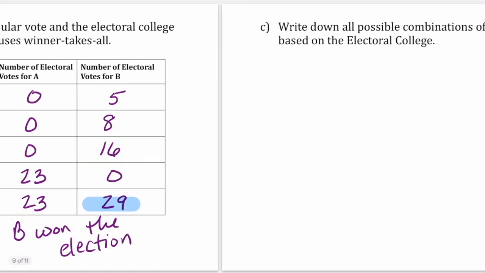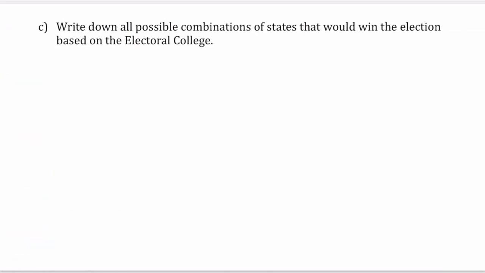C says to write down all possible combinations of states that would win the election based on the electoral college. Essentially what this means is to write down as many different combinations of winning states. For example, huge has 23 electoral votes. A candidate only needs 27.